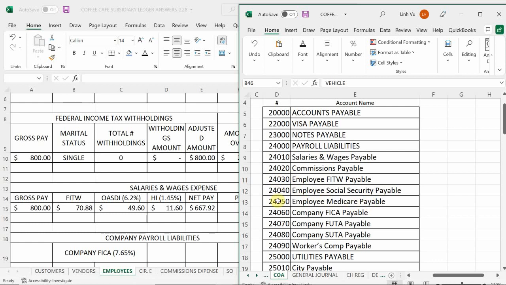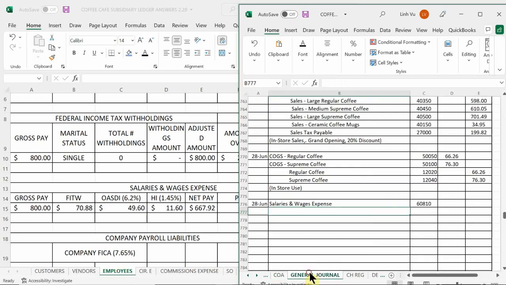It's going to be employees' federal taxes. So 2430, 2440, and 2450. And because they're liabilities, we're collecting it from the employee's paycheck to essentially pay the government. Employee FITW payable.